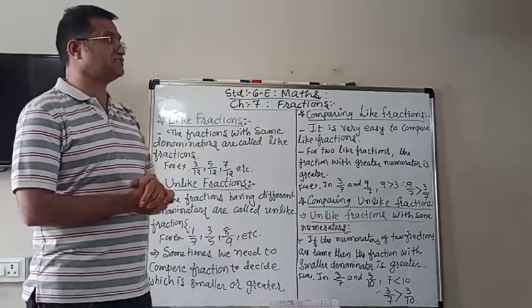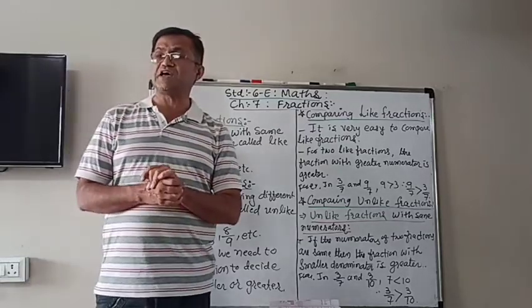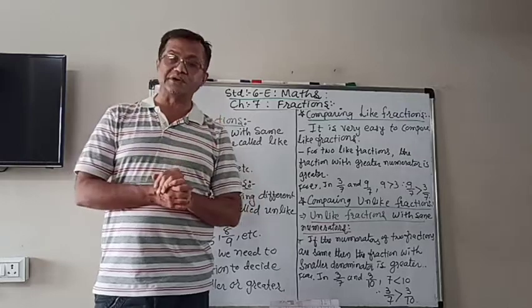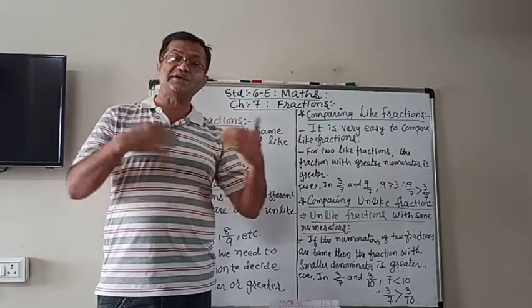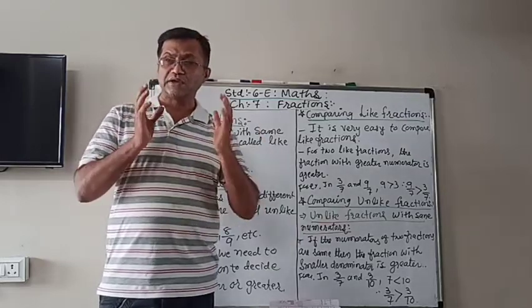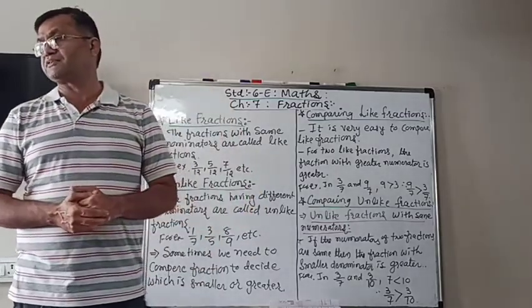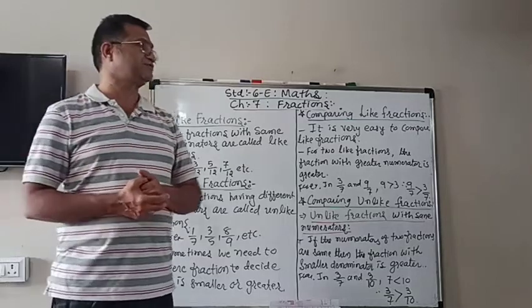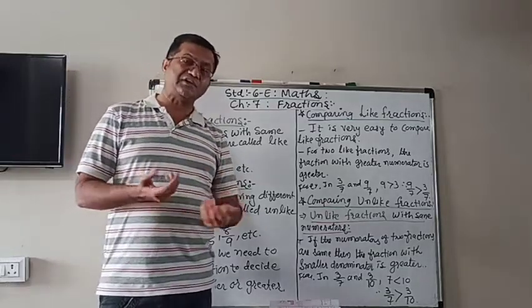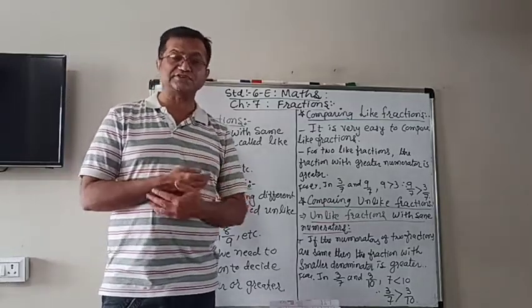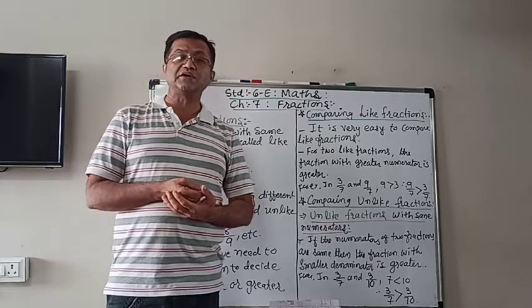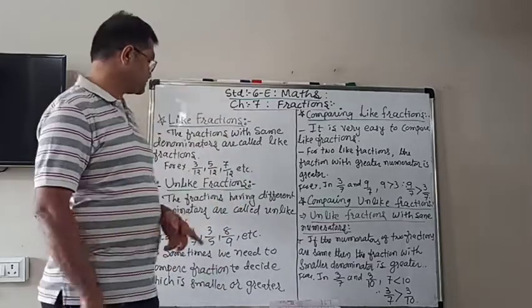So like fractions means the fractions having equal denominators. Numerators are different, but denominators are equal. So they are known as like fractions. And unlike fractions means those fractions having different denominators.